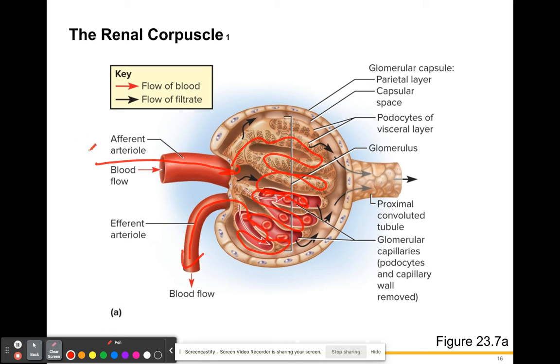So all your blood, your whole blood, goes into the afferent arteriole. It gets filtered, and the stuff that gets filtered is then removed, over here, which we'll get to in a moment. But whatever isn't removed goes back into the bloodstream. All your red blood cells, the plasma is going to go back into your blood flow.